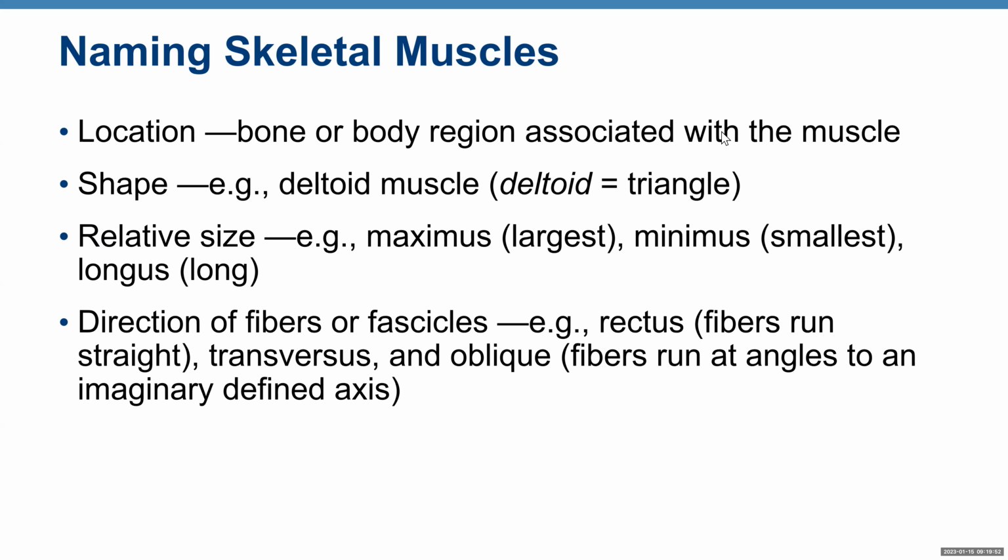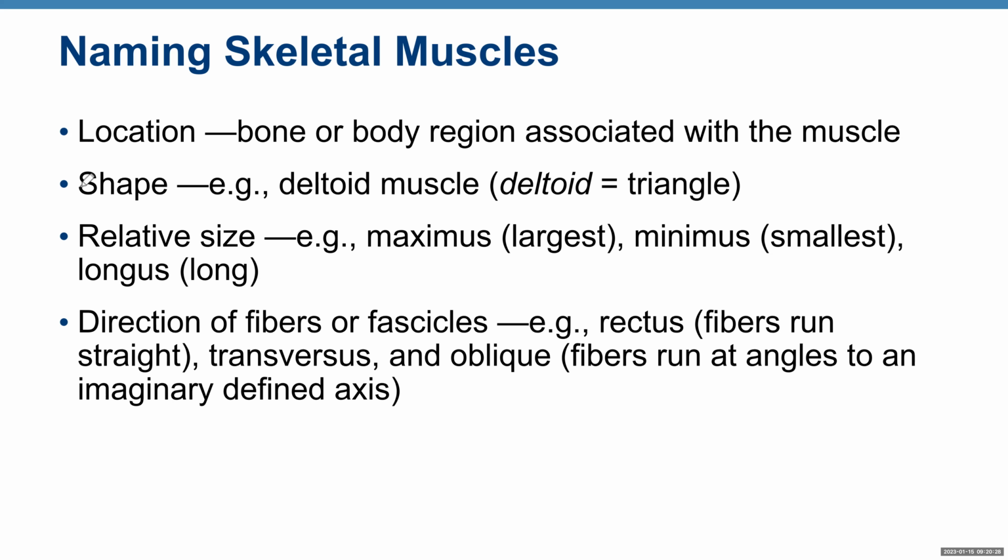How do we name skeletal muscles? Names can be pretty complicated, but they do make sense. We name muscles by location, for example the bone or body region associated with the muscle, like biceps brachii, or rectus femoris in the femoral region, or flexor carpi radialis, a muscle on the radial side of your forearm.